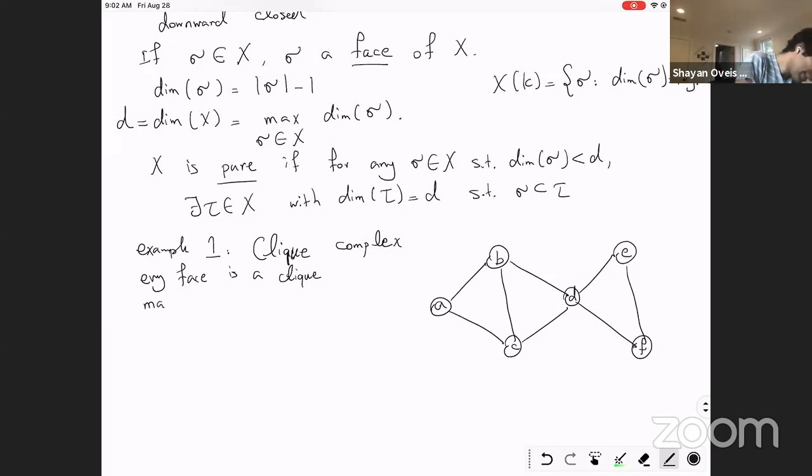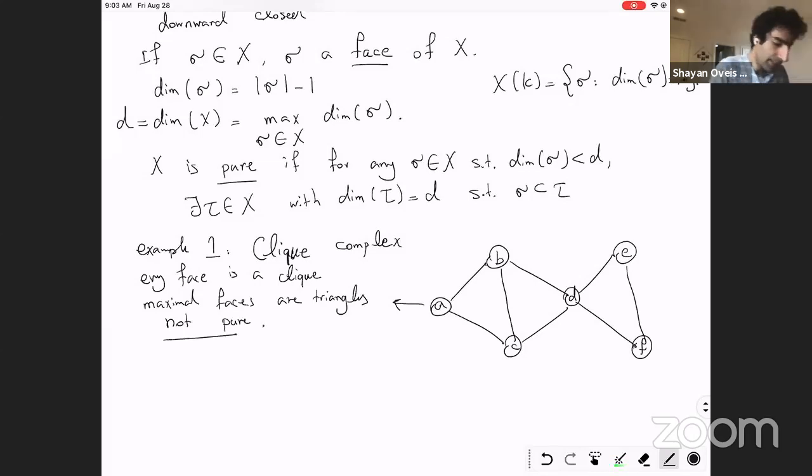Here, maximal faces are triangles. And this is not a pure simplicial complex, because there are many faces.